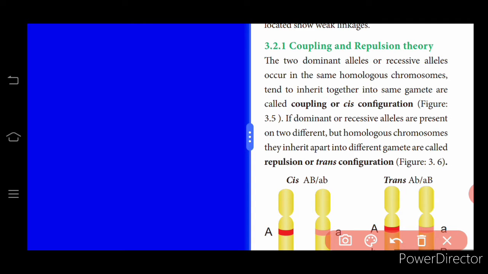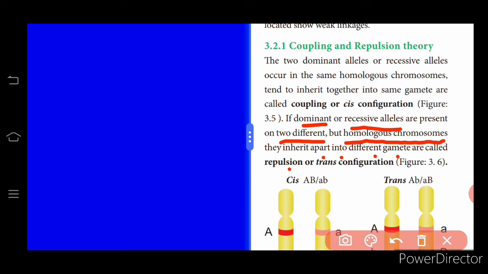If dominant and recessive alleles are present in two different but homologous chromosomes, they inherit apart into different gametes. This is called repulsion or trans configuration. Follow?